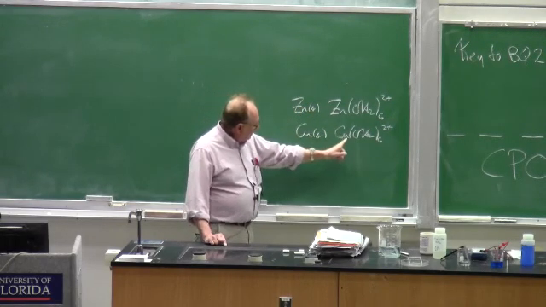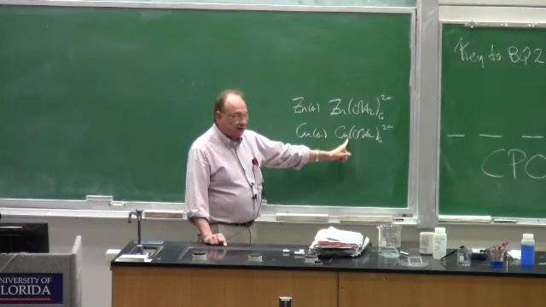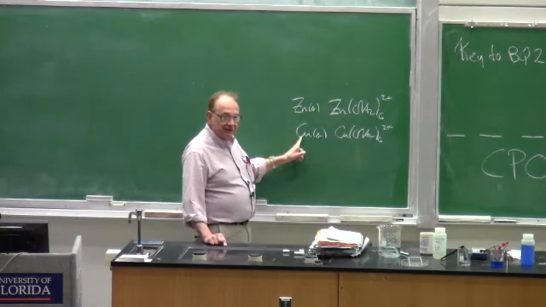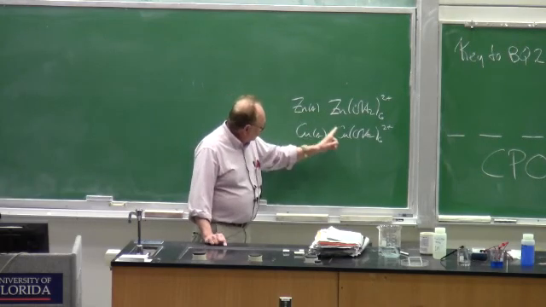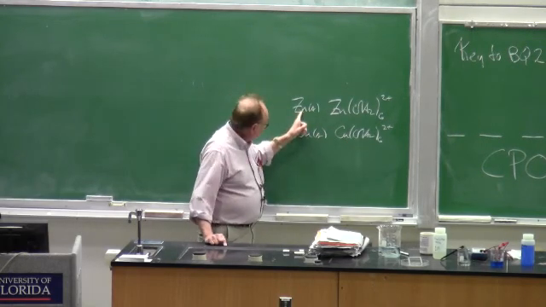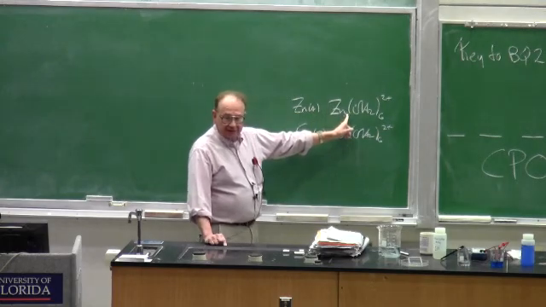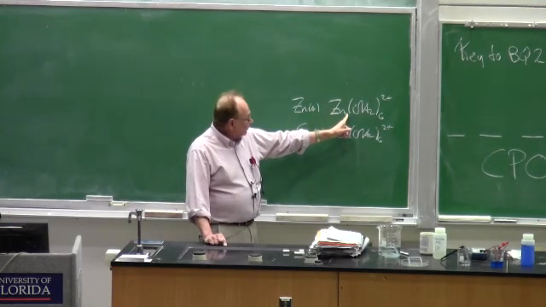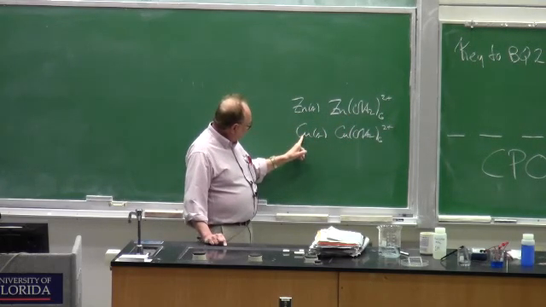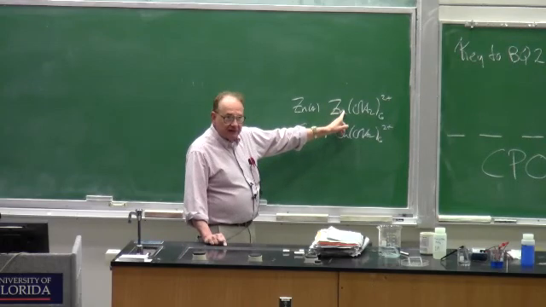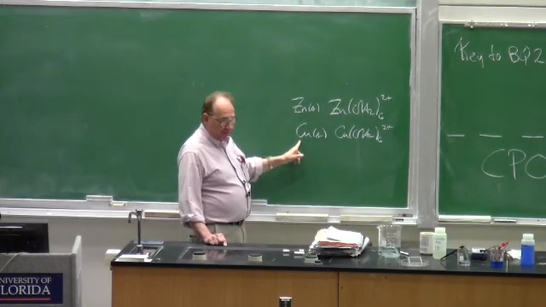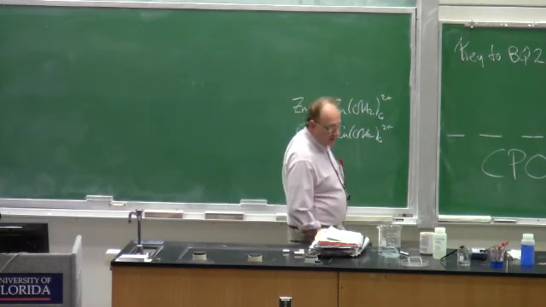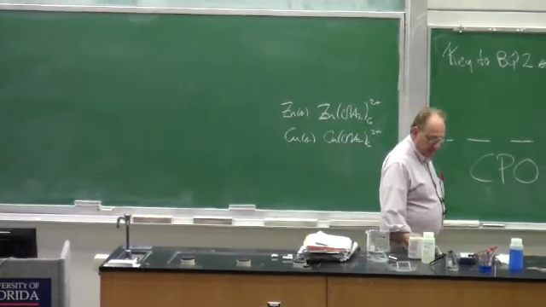This reducer immediately reduces this oxidizer to this as a reduction product. While this reducer, in reducing this oxidizer, this reducer oxidizes this stuff. Correspondingly, this reducer in contact with this oxidizer gives no reaction. So we know this reducer is a stronger reducer than this reducer. That's as far as we got with this last time.